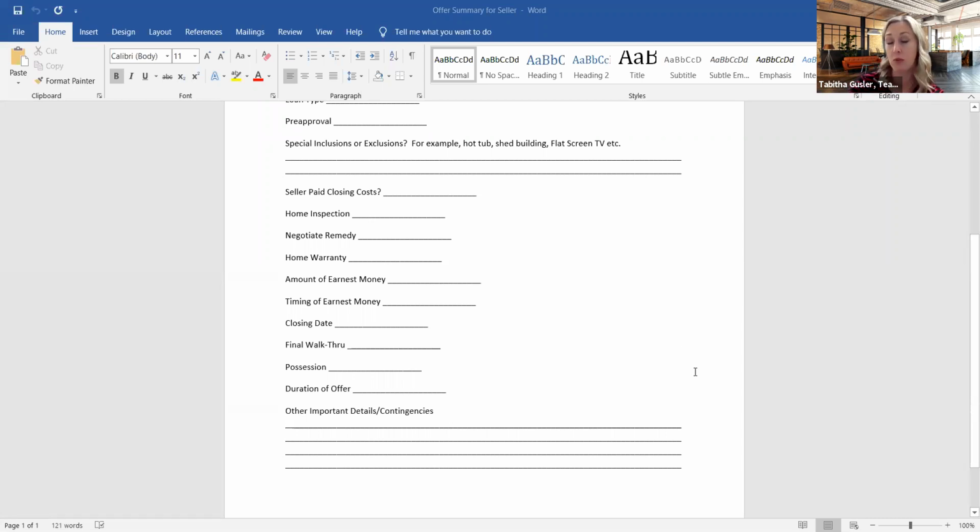And then they decide, do we want to accept any one of these in its entirety? Is there anything that we need to do to counteroffer? Or do we need to go back to the drawing board and do what we call highest and best? We are seeing less and less highest and best. The reason for that is because I think people are really putting their best foot forward from the beginning, right?